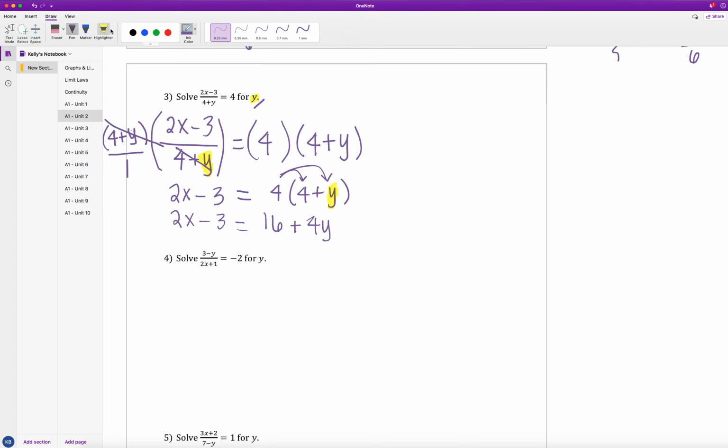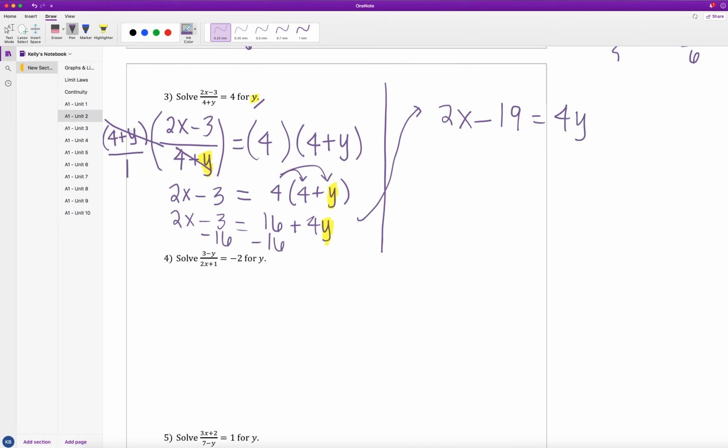Now my goal from here is, remember, to isolate this y, so I have to figure out, well, what can I do with the 16 and what can I do with the 4? For the 16, I'm going to go ahead and subtract 16 from both sides to keep this equation balanced. So I end up getting 2x minus 19 now equals 4y.